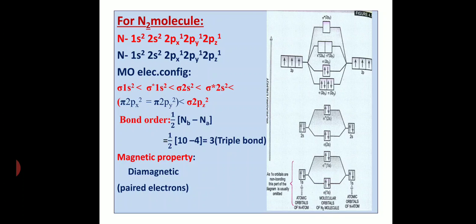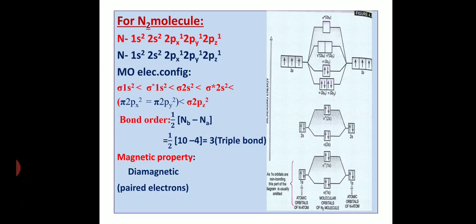So 1s with 1s will form sigma 1s, sigma star 1s. 2s with 2s will form sigma 2s, sigma star 2s, right? When the 2p orbitals come, 2px and 2py both will form pi bonds. So pi 2px, pi 2py, these are equal energy orbitals, right?